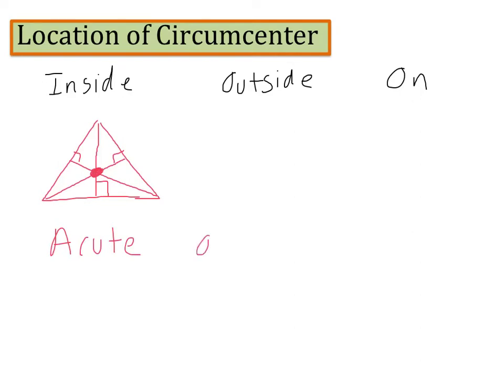Now how about an obtuse triangle? So we have to draw an obtuse triangle that has one obtuse angle. Now let's think about the perpendicular bisectors. So if I come to this point and find the middle line right here, and I draw a perpendicular bisector, it has to go through like this.